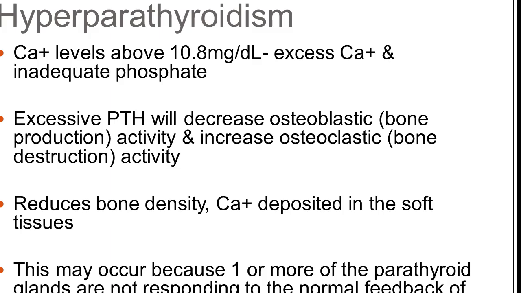And with hyperparathyroidism, with the excessive production of parathyroid hormone, we have increased resorption of calcium and an increased excretion of phosphate. So what this will lead to is hypercalcemia and hypophosphatemia. So we've got decreased osteoblastic or bone production and increased osteoclastic activity.